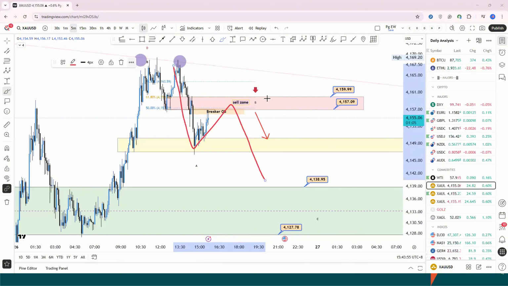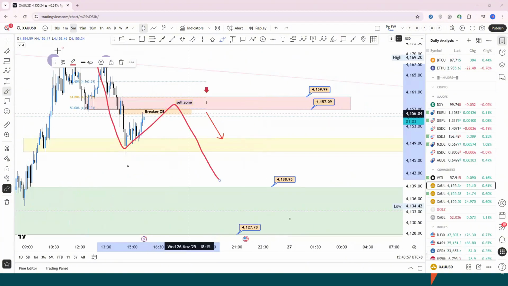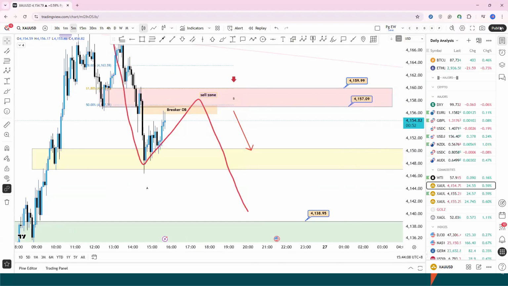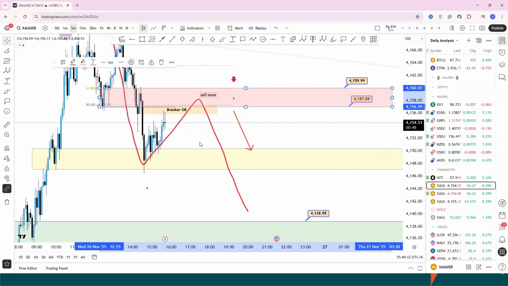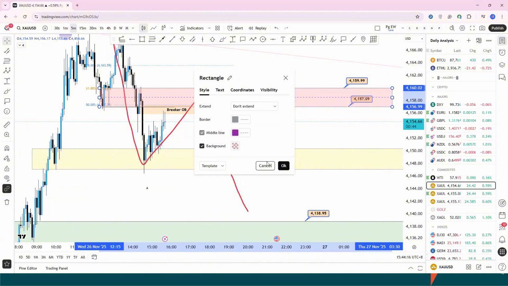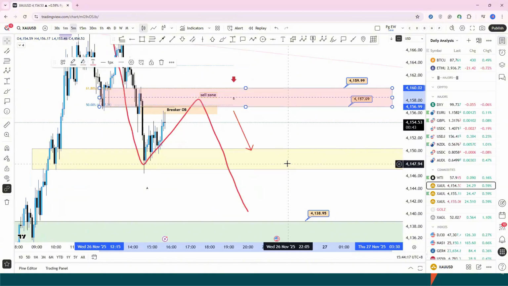We will monitor. Now it goes back up again to the breaker box, but the zone we want is slightly about 30 pips more, and then it can trigger the entry. With the line, right?